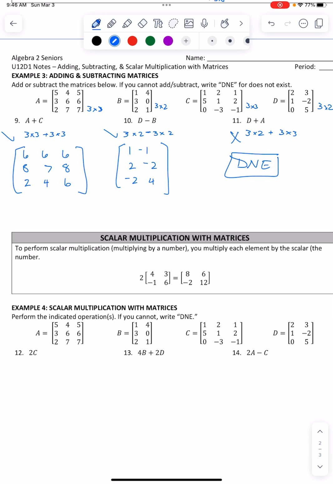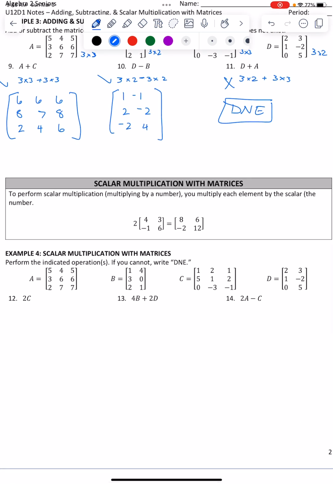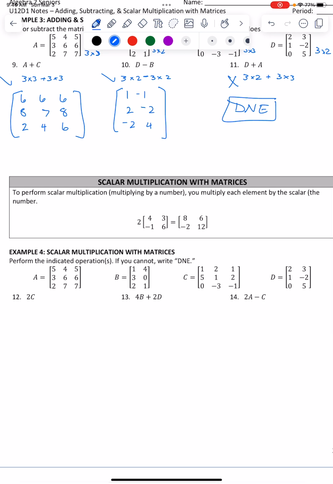And then for this last part here, scalar multiplication, this is just multiplying a matrix by a number. So if we're going to take 2 times this matrix, that just means we're basically distributing this 2. So we're taking 2 times 4 to get 8, 2 times 3 to get 6, 2 times negative 1, and 2 times 6.